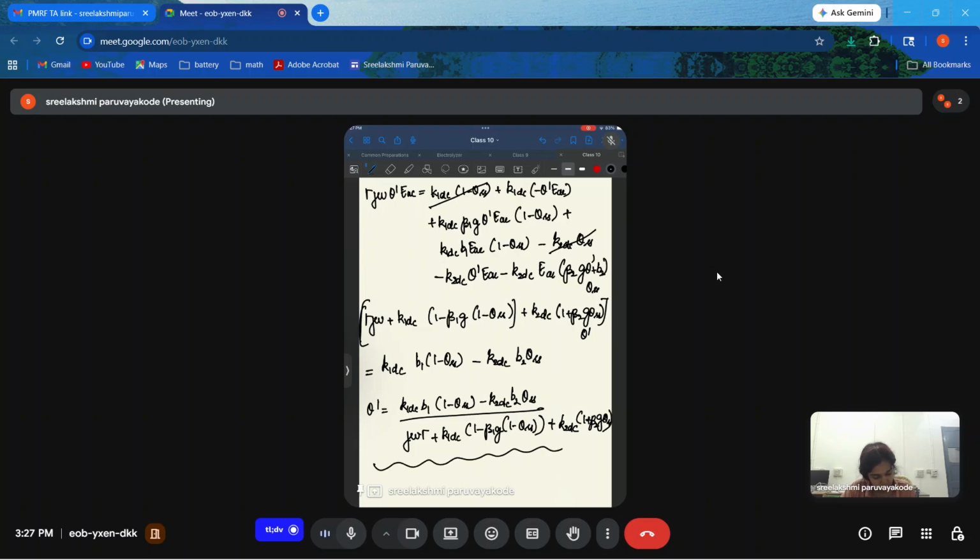So this is the expression for theta dash only. So basically the steps remain the same except that in the K1 equation there is an additional term of exponential g beta, an additional term because of that.